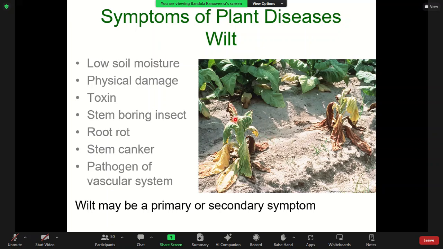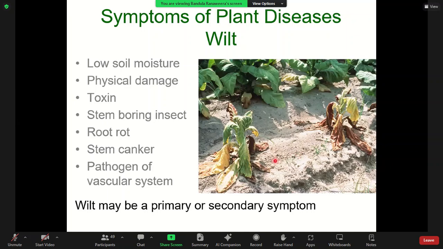So this may be caused by low moisture of the soil, or maybe due to some physical damage. The plant is showing lack of water absorption, physical damage to the roots of the plant. Maybe some toxin produced by some organism, and the wilting or dehydration symptom can be observed.